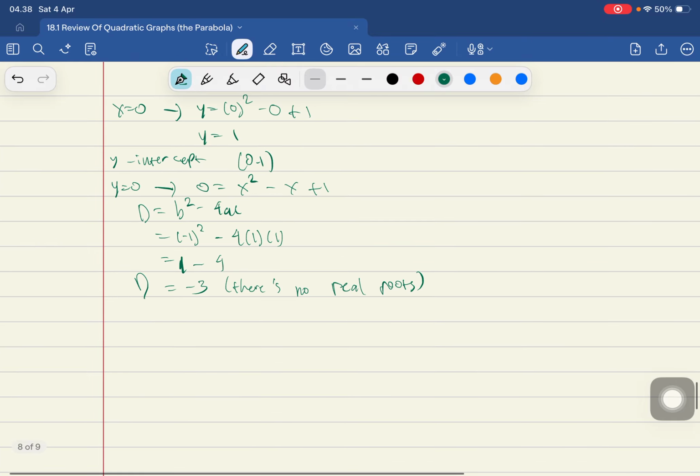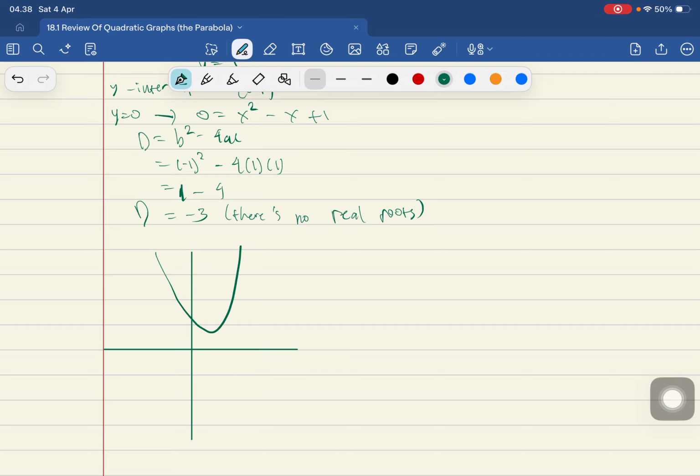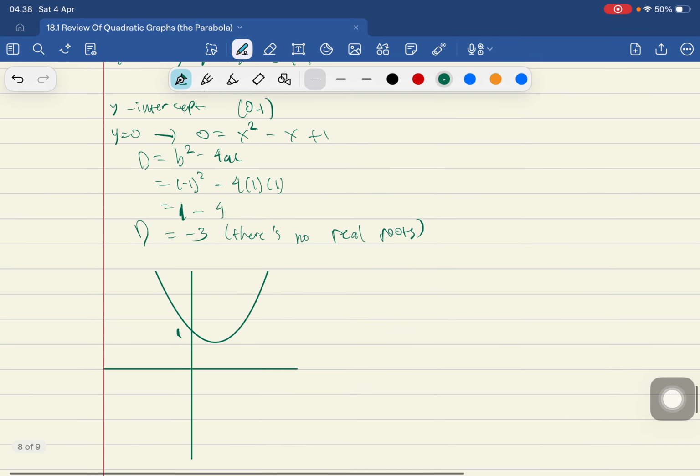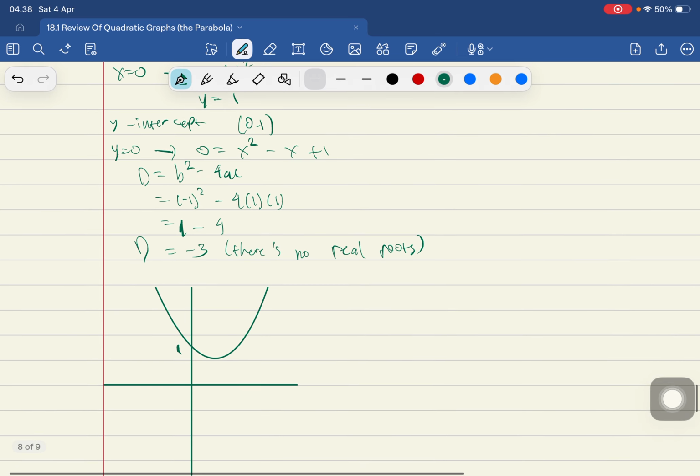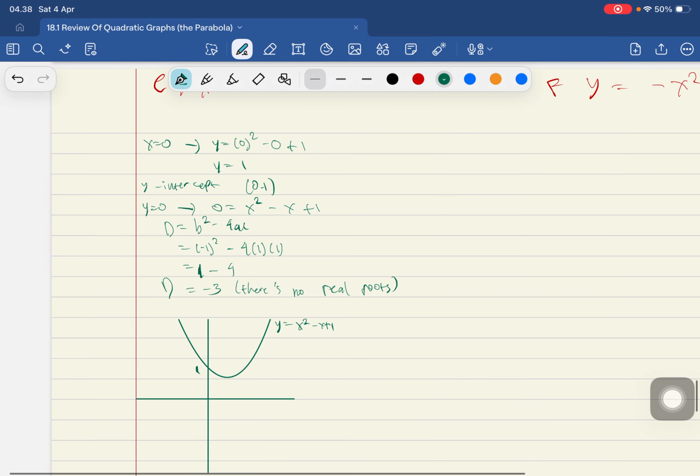So the graph does not cut the x-axis. We just sketch. Here is 1, the y-intercept. You write this as y equal to x squared minus x plus 1.